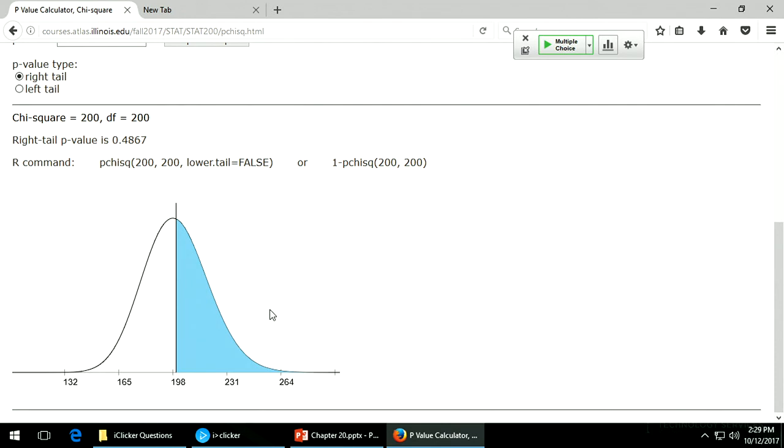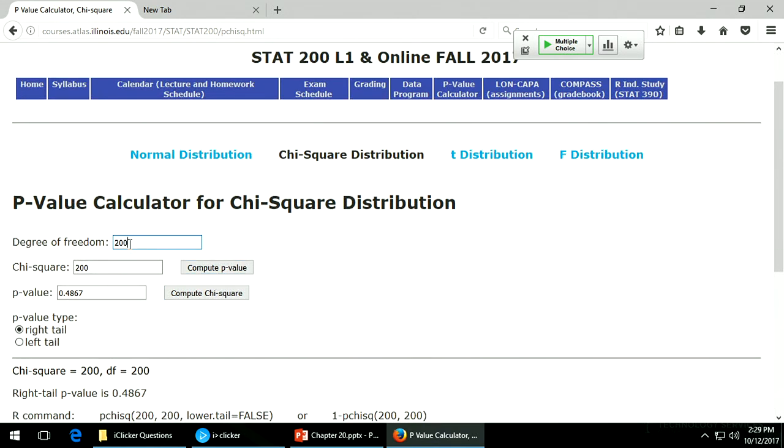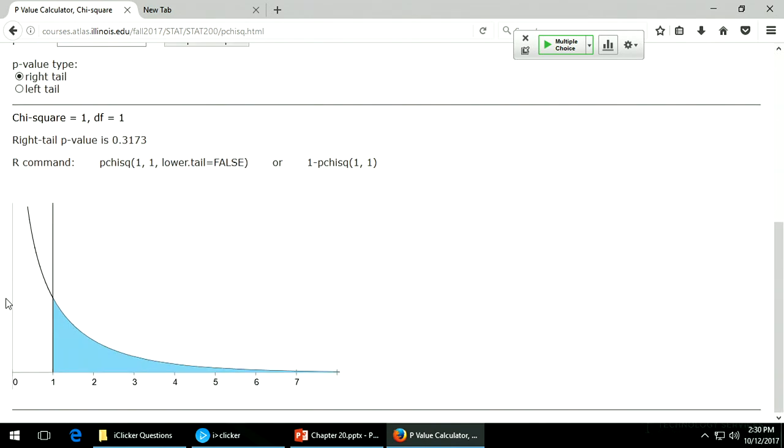Every time you add a parameter, look, the chi-square, when it's just 1 degree of freedom, we say the average would be about 1. It can't be negative, so it's about 1. It's like a normal squared.